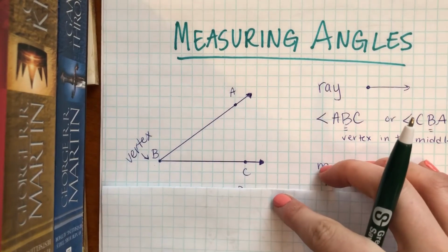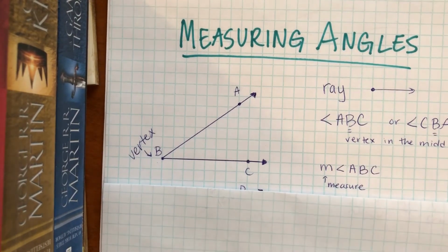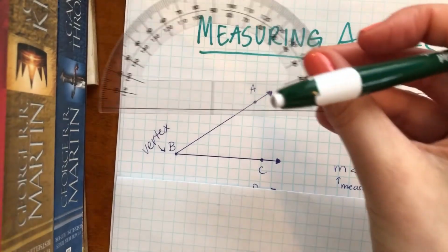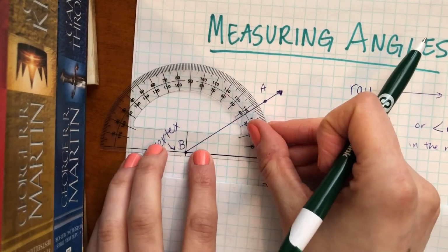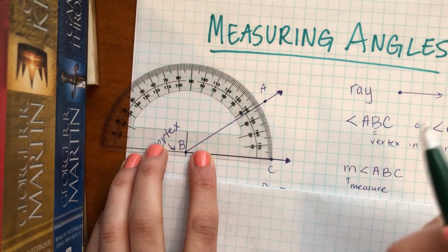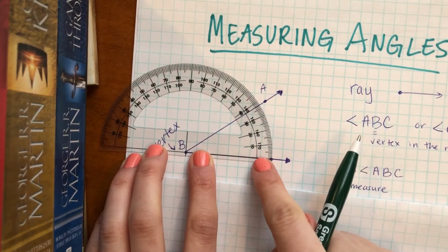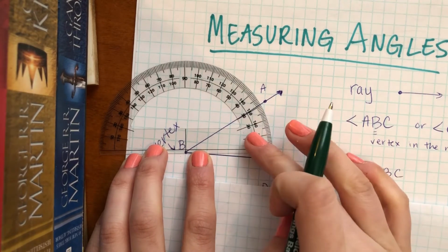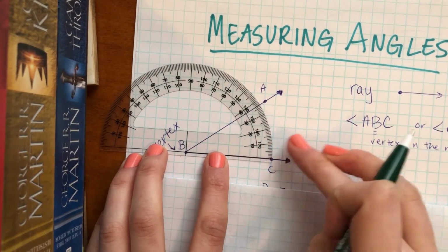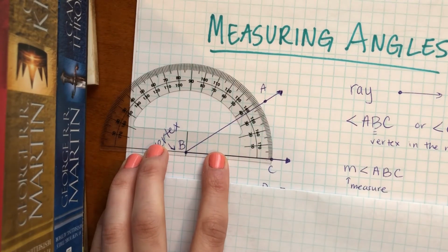Okay, back to angle ABC. So we're going to take our protractor right here, and we are going to line up those cross marks at the vertex and do our very best to make sure the black line of the protractor is on top of our line of our angle. And then now we need to find how much the angle is measuring.